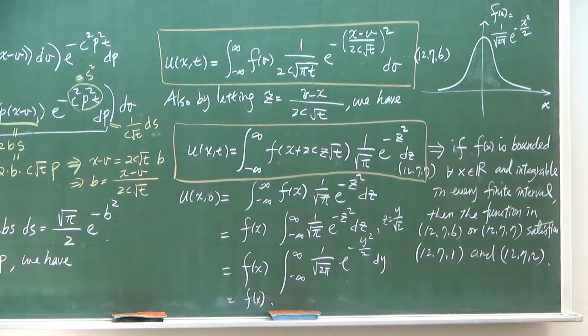Right. So we can use Fourier transform to solve the equation of a bar extending to the whole real line.